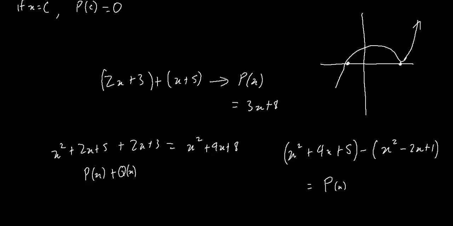Because imagine if it's a 3x squared, then we'll have the x squared terms cancelling out, so my highest power would be x. So it will always be equal to or less than the highest of the two.